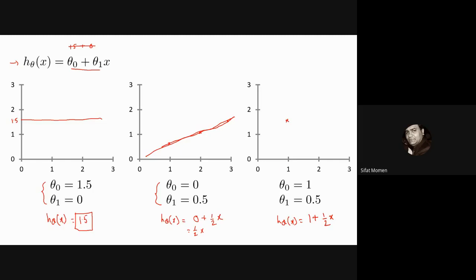When x is 2, half of 2 is 1, and 1 plus 1 is 2. So at x equals 2 the prediction is 2. And at x equals 3, half of 3 is 1.5 plus 1 is 2.5, so somewhere here. So that would be my best fit line.